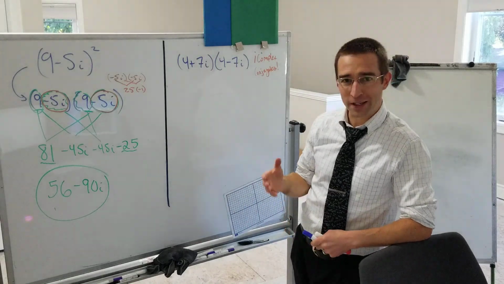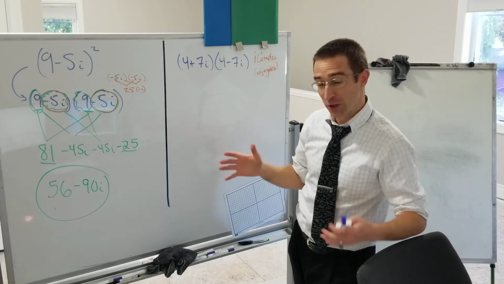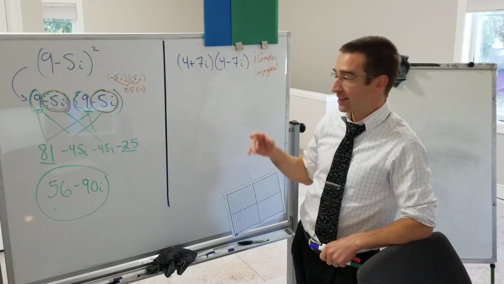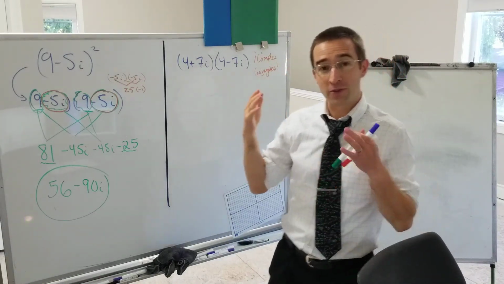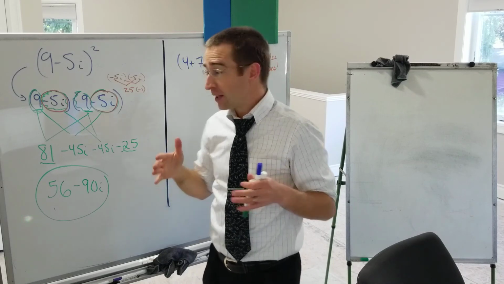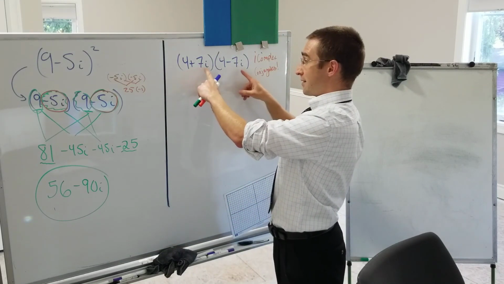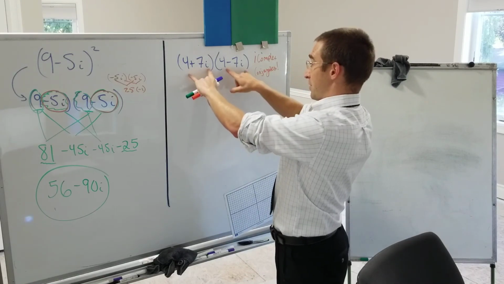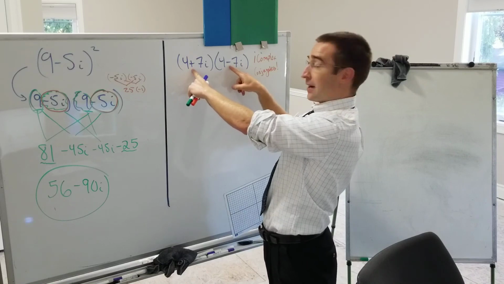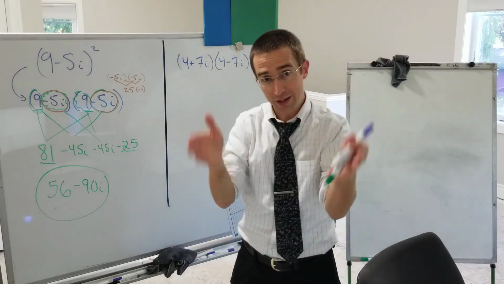And it comes up in chapter 5 when we're doing proofs with verifying trigonometric identities. So this idea of a conjugate comes up over and over again. And what happens when you have two things that are conjugates of each other, which is the same number plus or minus the same number, when you're multiplying those is that the middle term is going to cancel out every time.